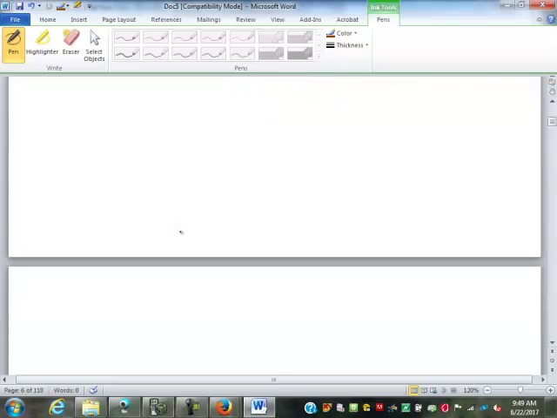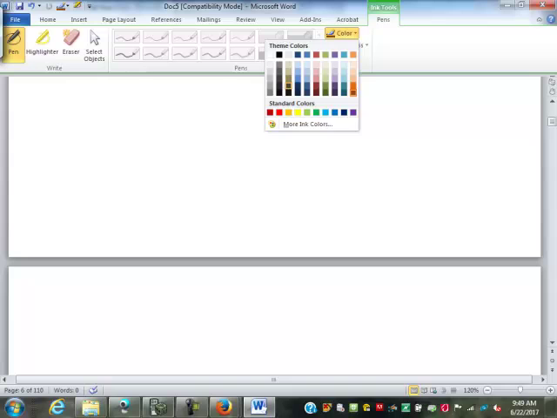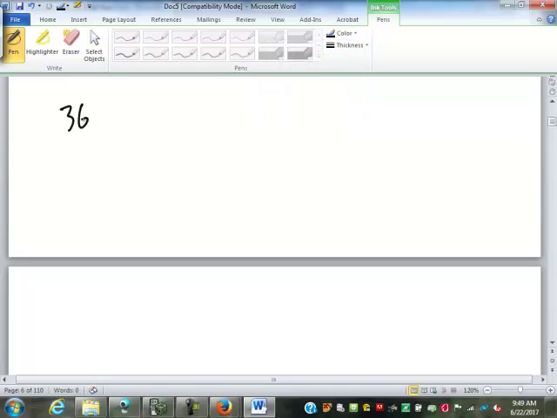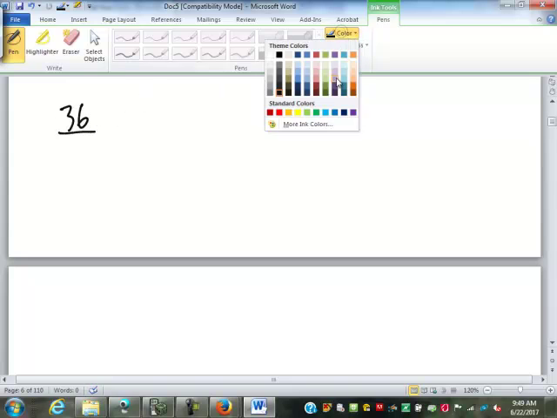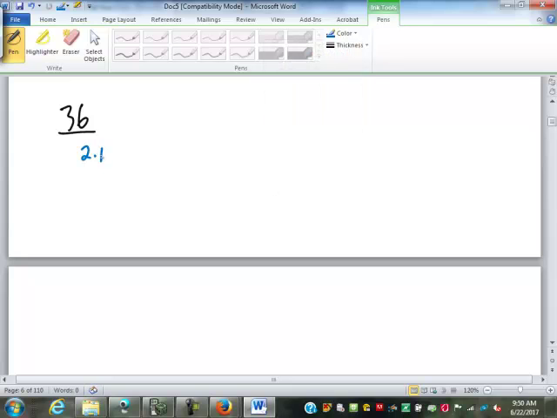Now we had mentioned that for a number like 36, there are several factor pairs. There's 2 times 18, 3 times 12, 4 times 9, and 6 times 6. All of those are factor pairs that could be used to create 36.